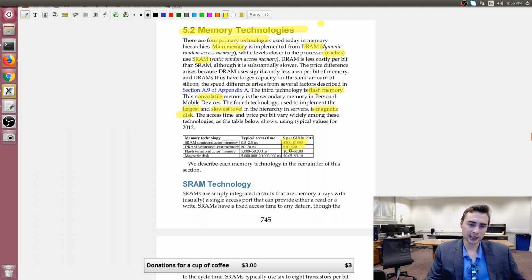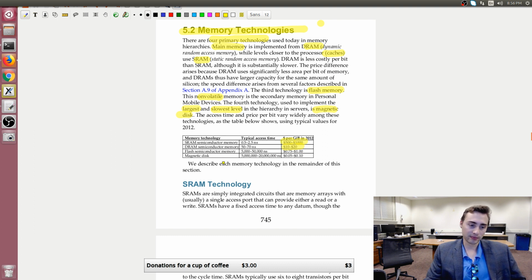We get a little better per gig as of 2012. It's going to get a little cheaper and a little faster as technology increases, but the trends stay the same. So $0.75 to $1 per gig, that's pretty good. No wonder flash drives are so cheap now. But look at that access time. We're talking about 5K to 50K nanoseconds just to access it. We're pretty far from that 500 picosecond access time of SRAM.